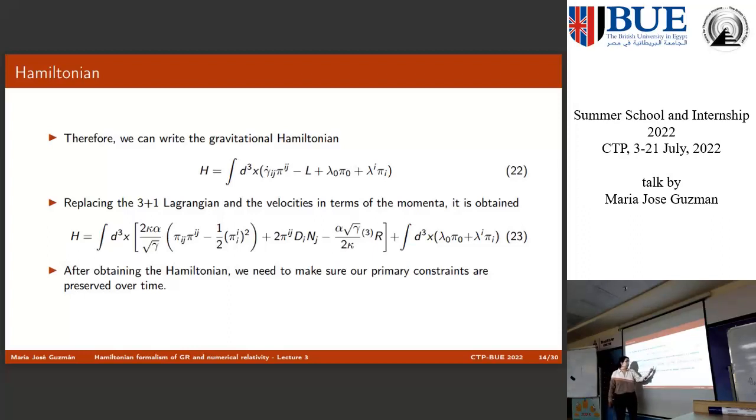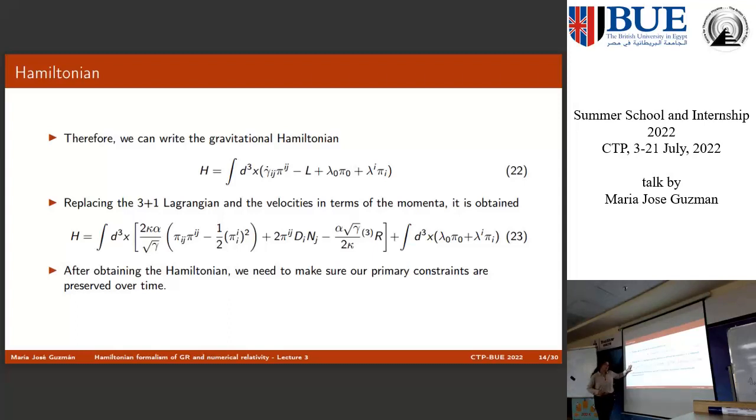Here I get a term which is linear in the momenta, and here I think this should be beta. Sorry, some people call them alpha and beta, and some other people call them N and N^i. I think Alexei was calling alpha N. Yes, I'm sorry, just a typo.